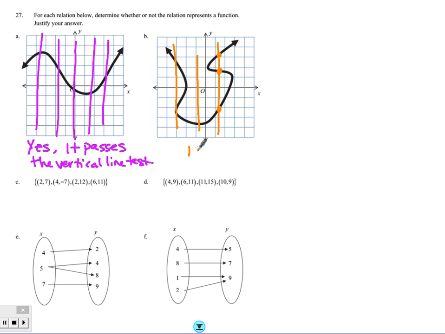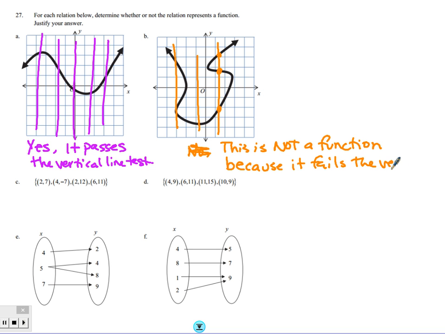So we're going to say no, it is not a function. Let's see, what does it say? Determine whether or not the relation is a function, justify your answer. Let's actually state it. This is not a function because it fails the vertical line test.